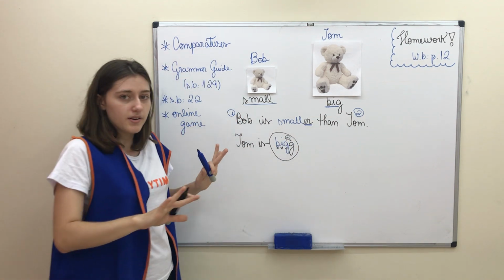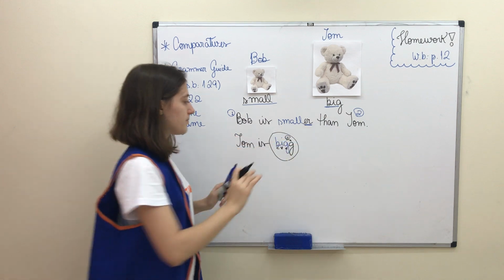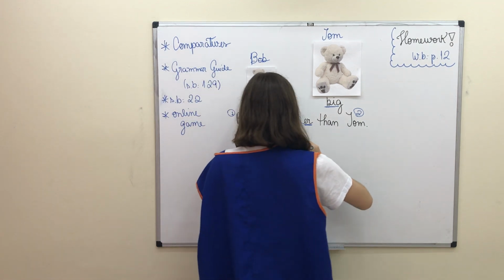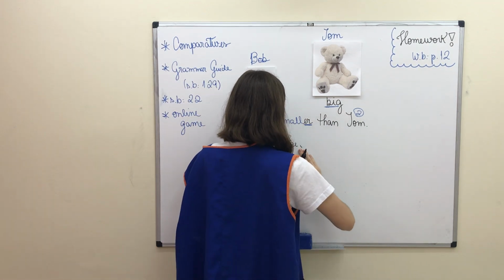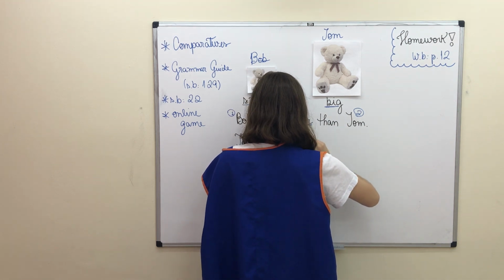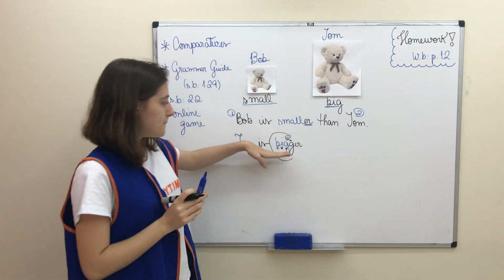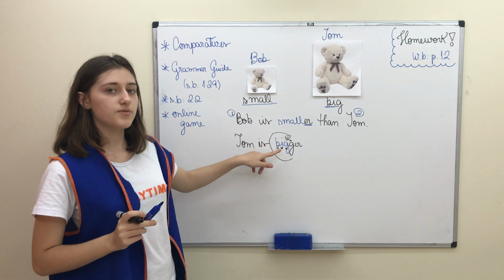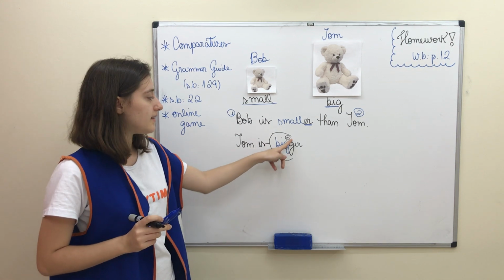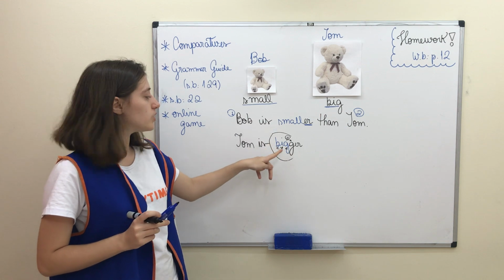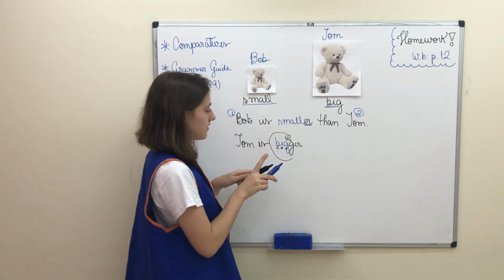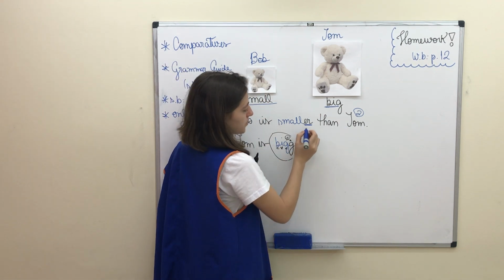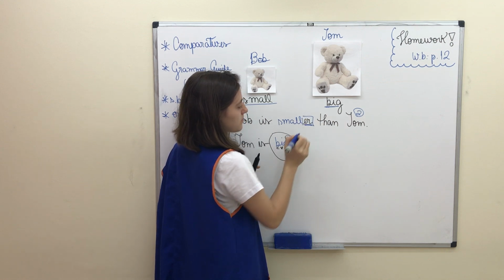So, and then bigger, normal, E-R. Okay? So we have bigger. Bigger, okay? Since we have CVC, consonant, vowel, consonant, we add an extra G. A gente adiciona G extra, and then ER, normal, just like we did with small.